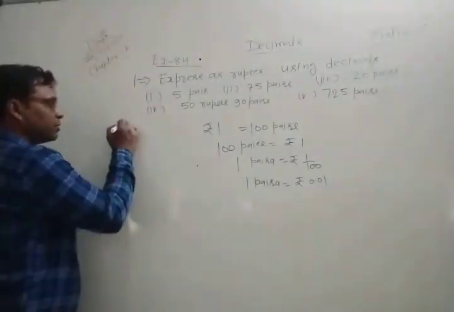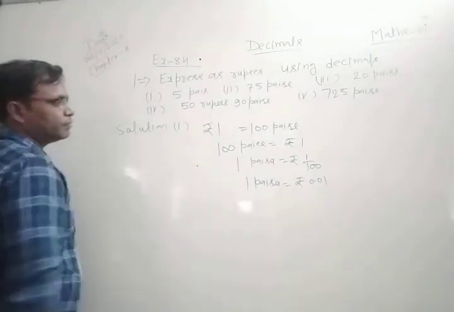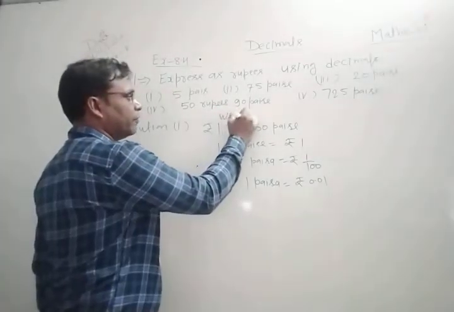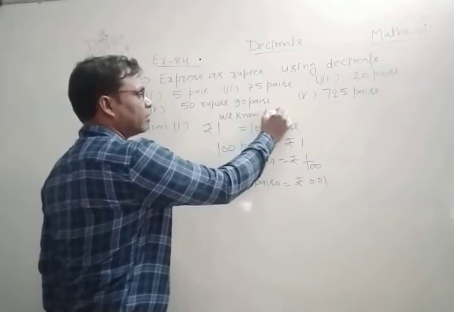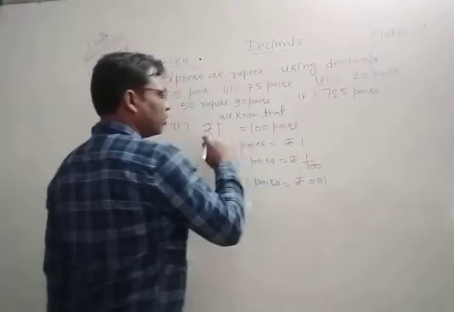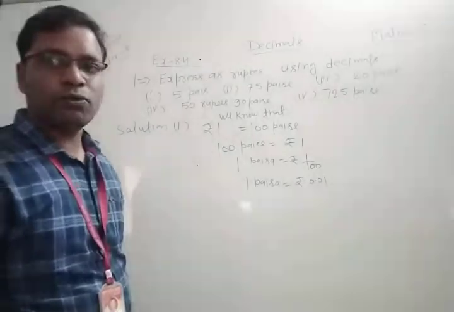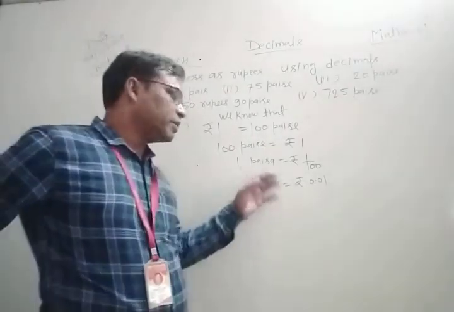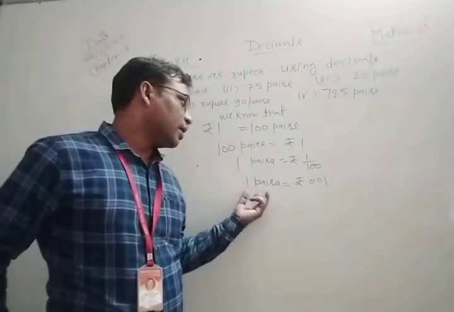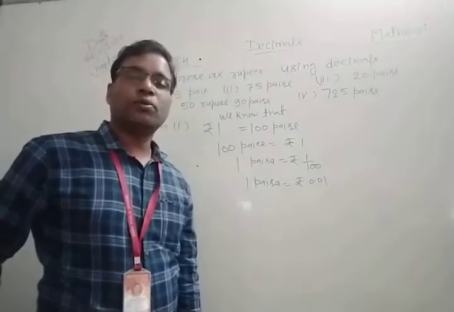So we can write the solution of this question. Question number 1. We know that 1 rupee is equal to 100 paise, or 100 paise is equal to 1 rupee, or 1 paisa is equal to 1 upon 100, which is equal to 0.01.